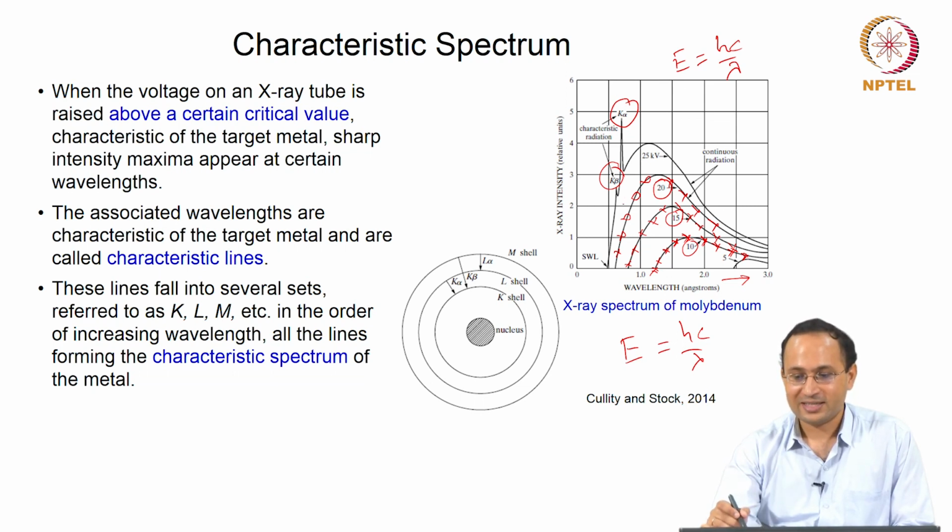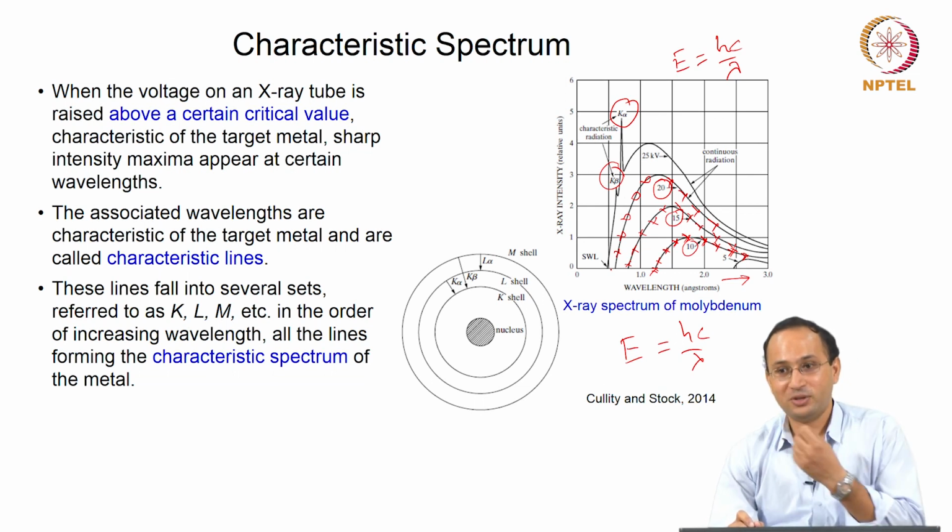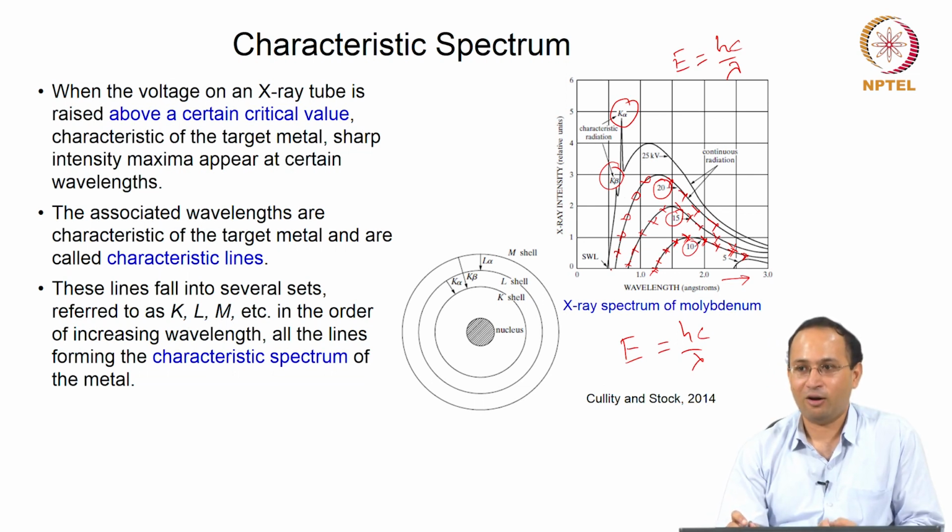If you increase it further, from 25 to 35 kV, it is not plotted here, the intensity will increase, but the position will stay the same. The K alpha position, the lambda, will be the same. So it is very unique to the target metal.